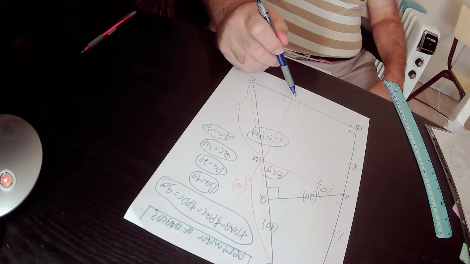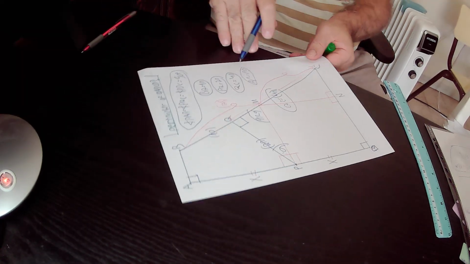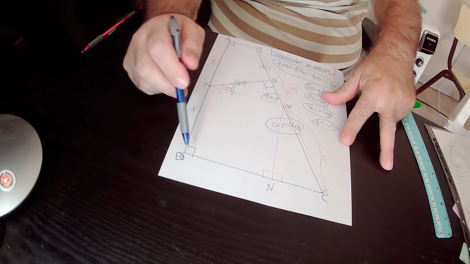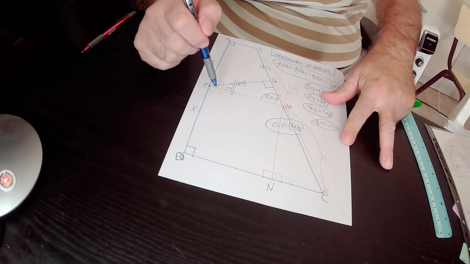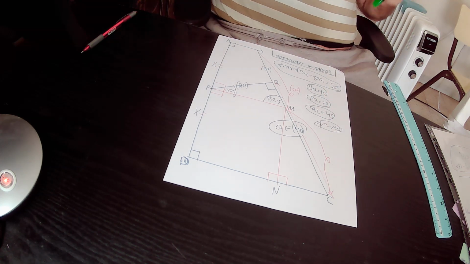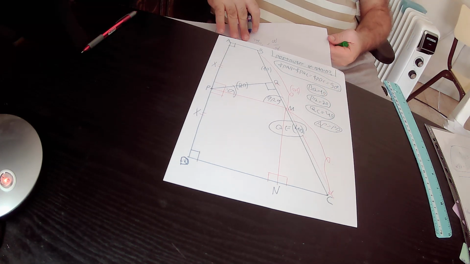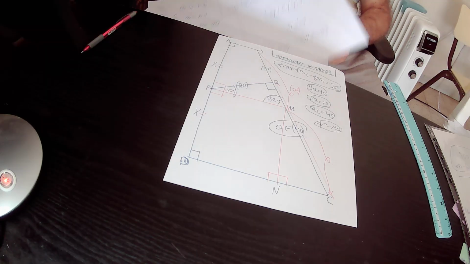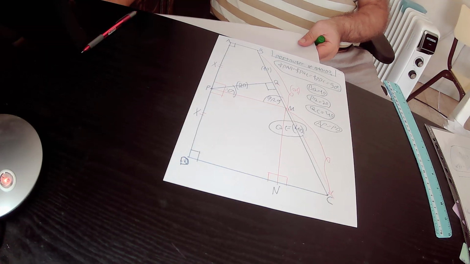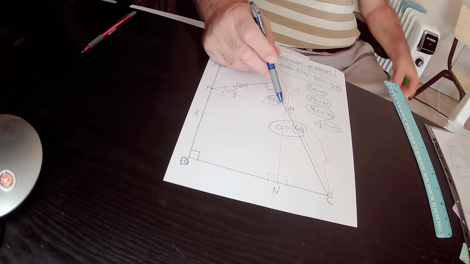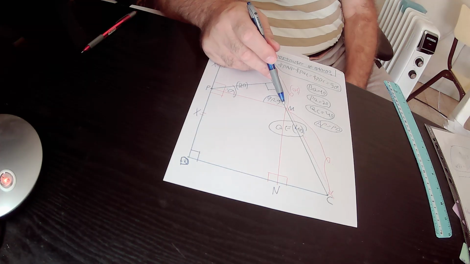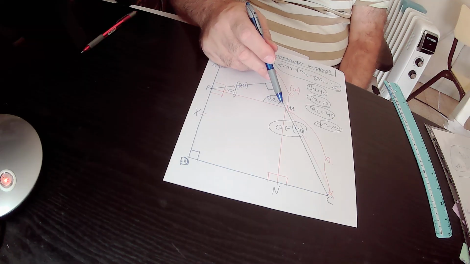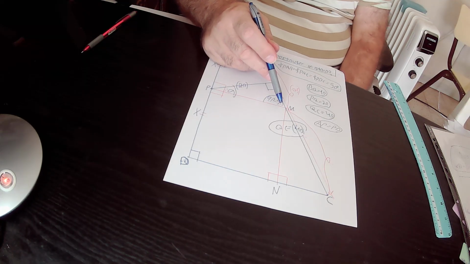By doing this construction, we get quadrilateral MNDP. Inside quadrilateral MNDP, we have three right angles. The sum of three right angles is 270 degrees, so 270 degrees plus the size of this fourth missing angle must equal 360 degrees, according to the rule that the sum of the angles in any quadrilateral is 360 degrees.